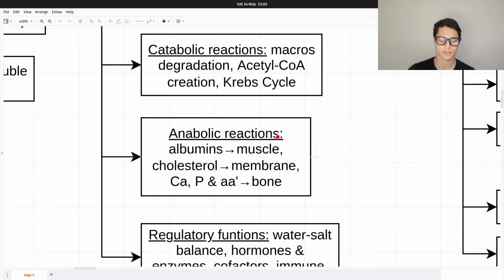The anabolic reactions are, for example, from albumins we can create muscle, from cholesterol we can create the membranes so we can repair our tissues, and from calcium, phosphorus and amino acids we can create the bones and teeth.